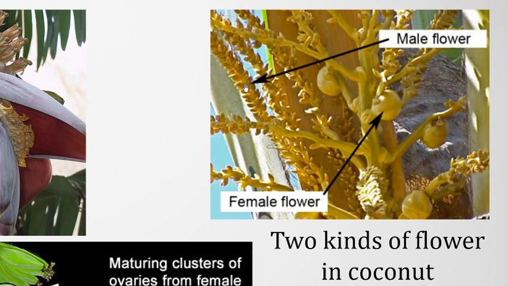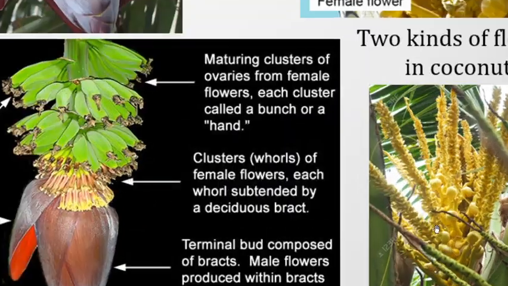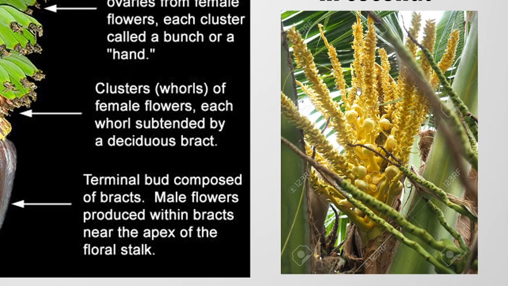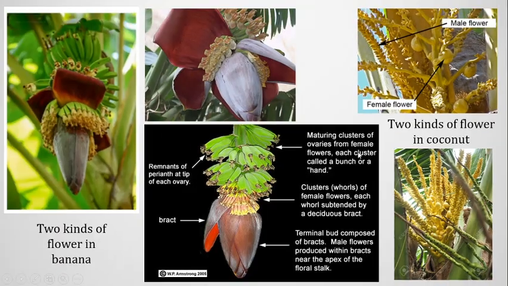What happens is that pollen grains are produced from the male flowers, and they eventually reach the female flowers on this ball-like structure, and fertilize the female flower, and this female flower grows bigger to produce a coconut. So here we see that there are two kinds of flowers, male and female.